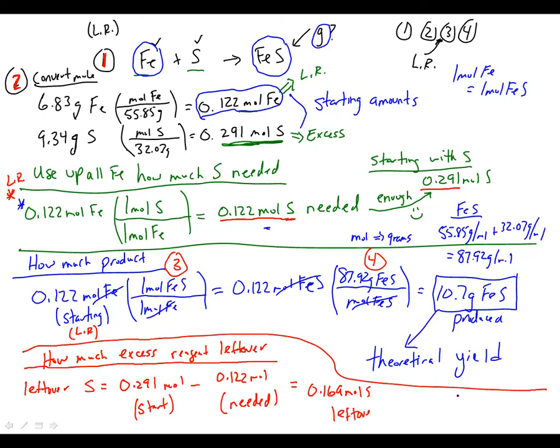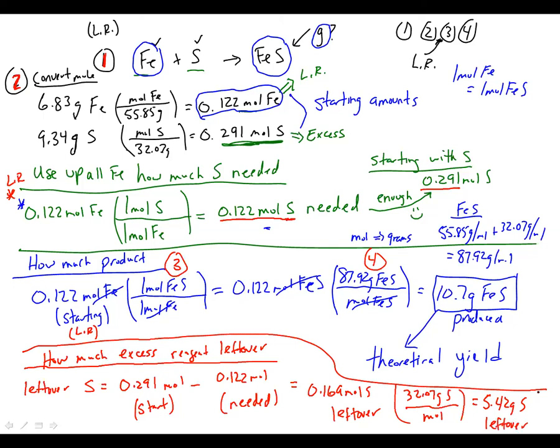And we could even use the molar mass to figure out how many grams that would be, from the periodic table, 32 grams per mole. And that would get us 5.42 grams of sulfur left over.